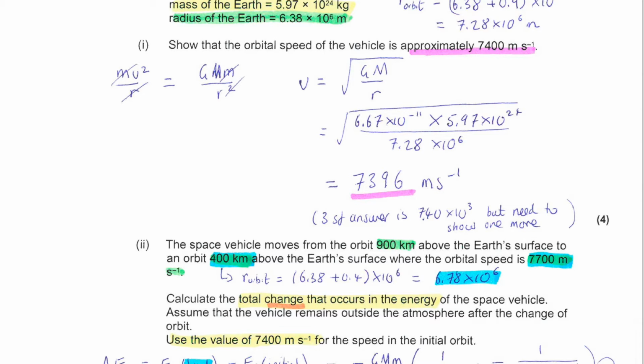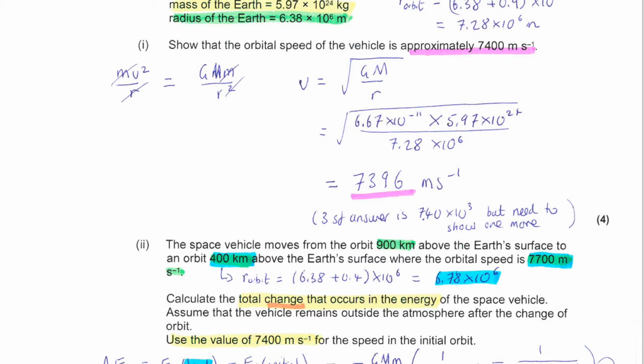When you do that, hopefully you will remember the equation for the centripetal force is equal to mv squared divided by r. And in this situation, the centripetal force is provided by the gravitational force. Equating these two expressions and rearranging allows you to come up with an equation for orbital speed.